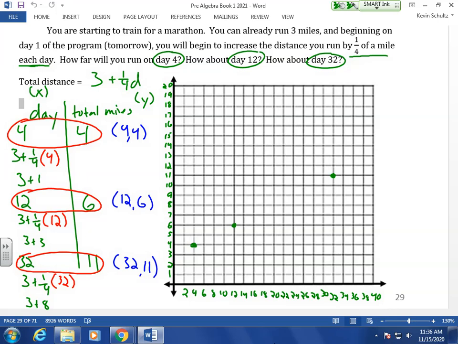Okay. Now you're probably not used to coordinate planes where our x-axis and y-axis are counting by different numbers. Like on the x-axis, we're counting by 2s, or on the y-axis, we're counting by 1s. That's okay. It's okay to have those different intervals.